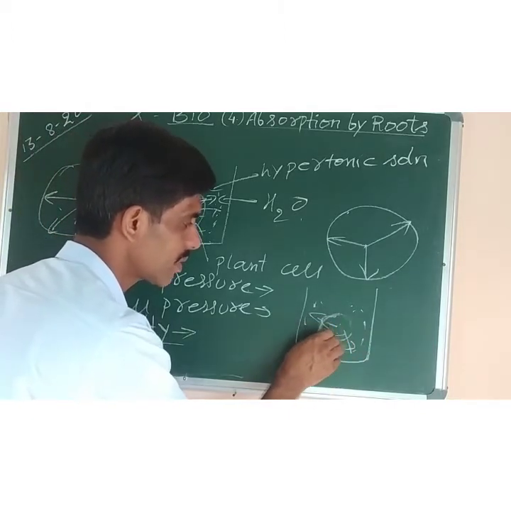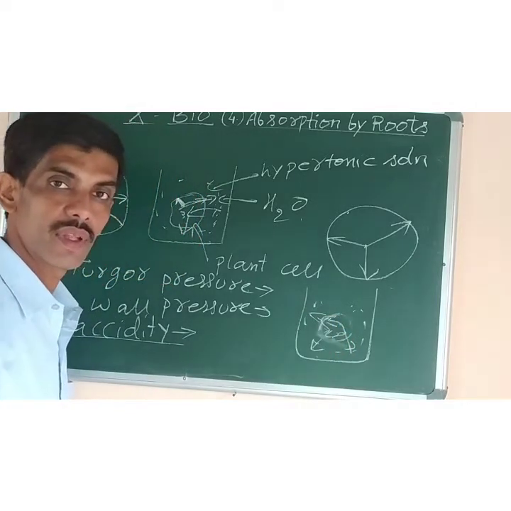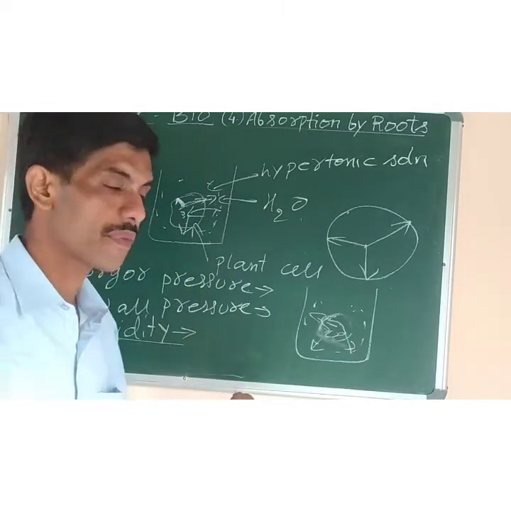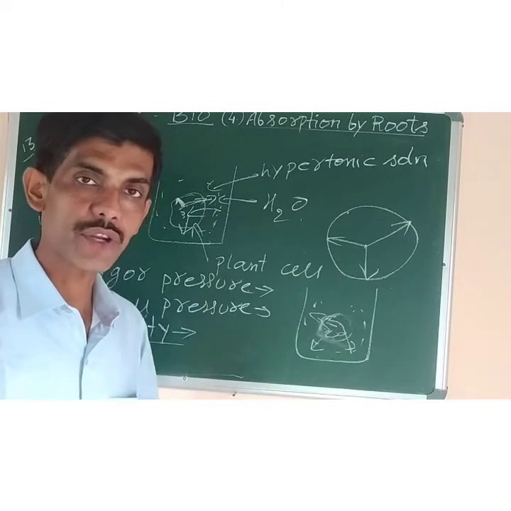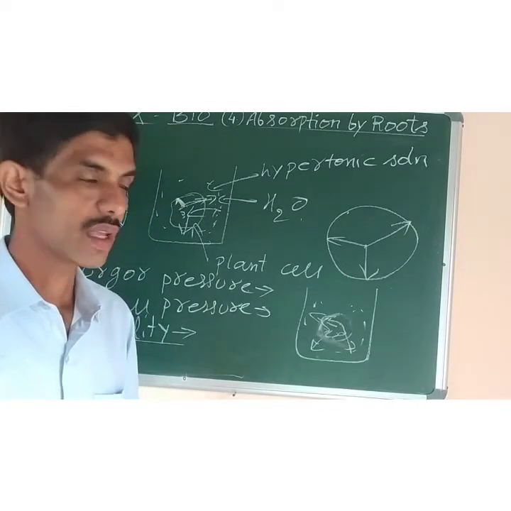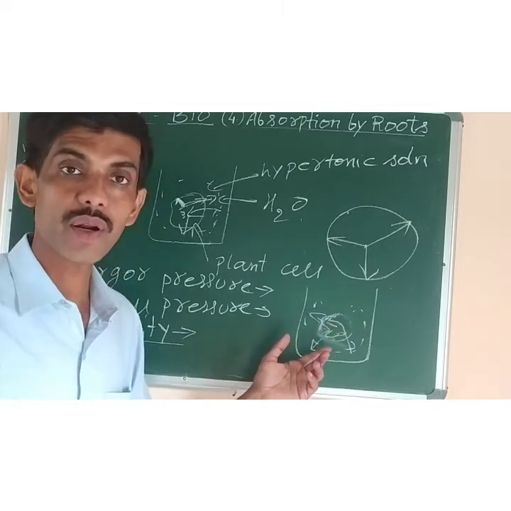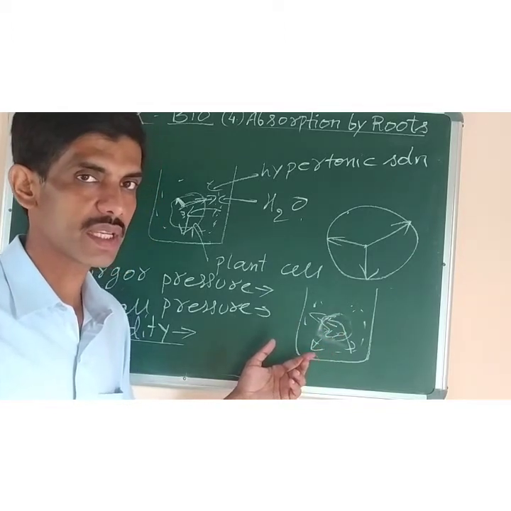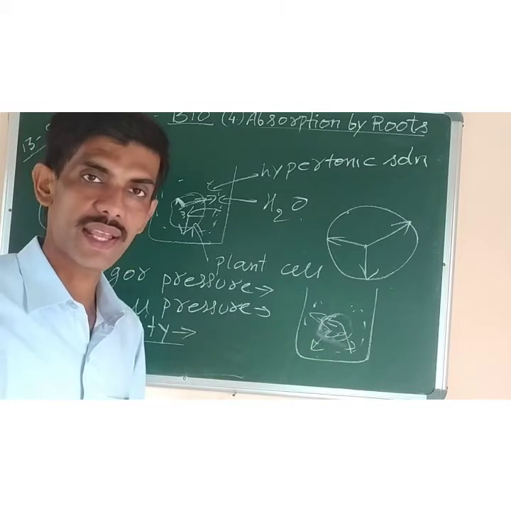You can see the condition of the cell now, like this it will become. So this shrinkage of the cell, or the cytoplasm of the cell, due to loss of water by exosmosis is called flaccidity.